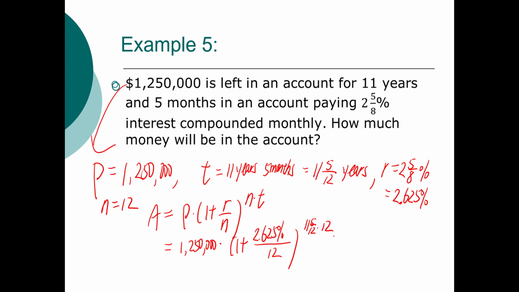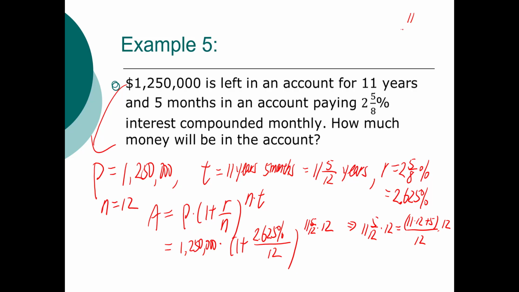And here we can simplify this a little bit. So 11 and 5 over 12 times 12. Turning this number into an improper fraction, 11 times 12, adding 5. So we get 11 times 12 plus 5 over 12 times 12.